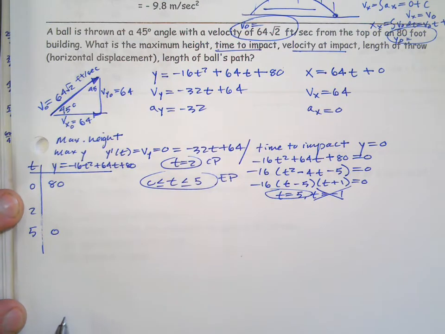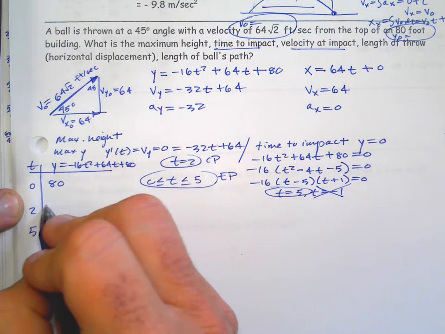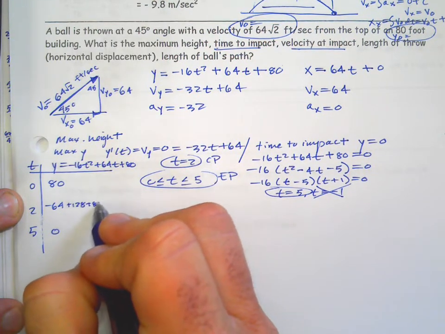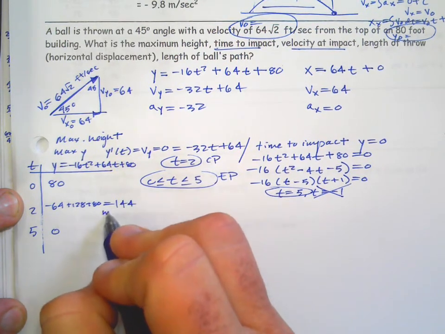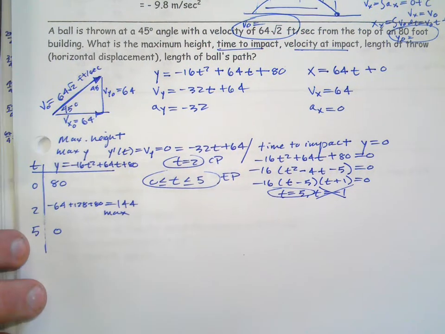When you plug 2 in, you get negative 64 plus 128 plus 80. So that's going to be 144 is your max height, which we probably could predict would happen there, but this is the calculus backing it up.